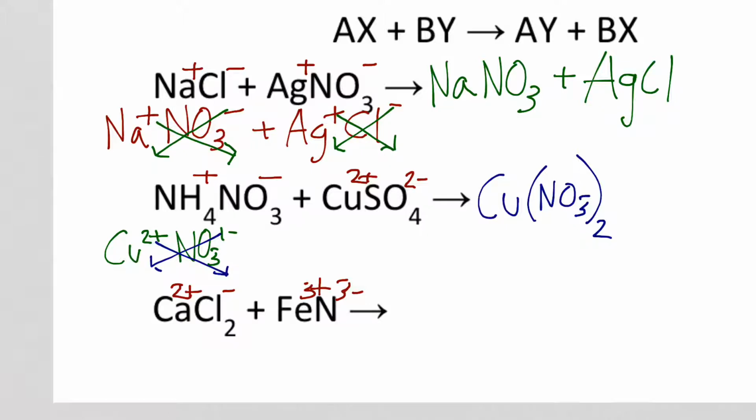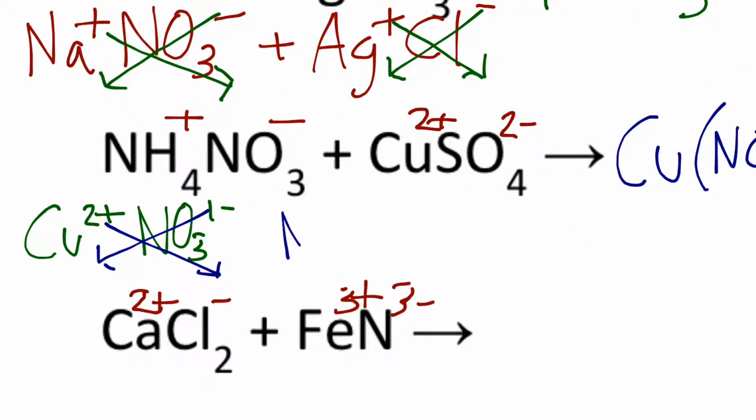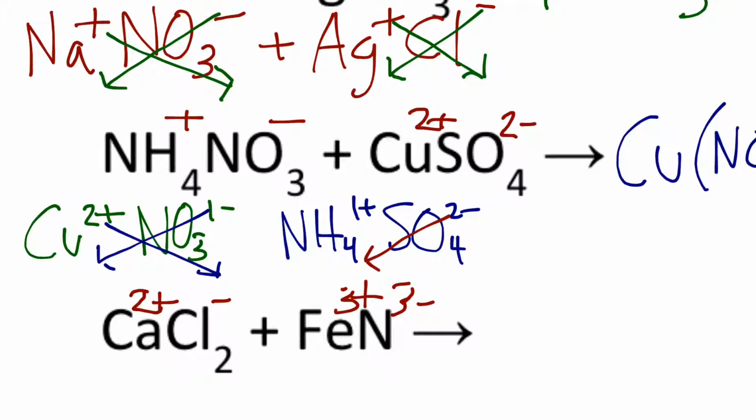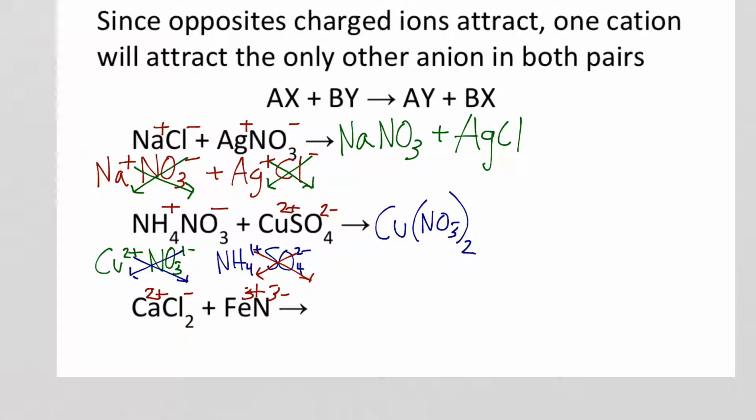On the other hand, we have ammonium, NH4, with its 1+ charge, sulfate with its 2- charge. Crossing the charges down, and that's going to give me 2 ammoniums and 1 sulfate.